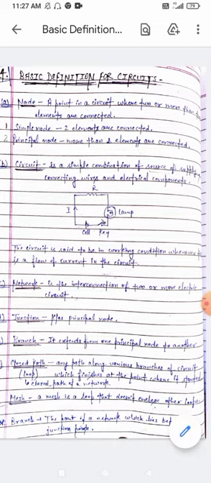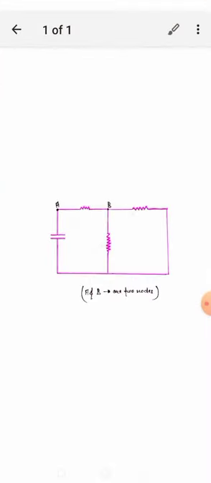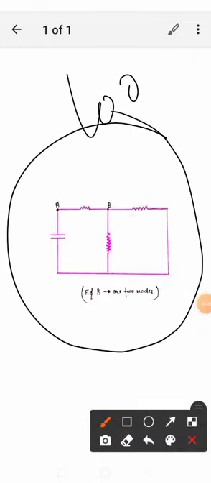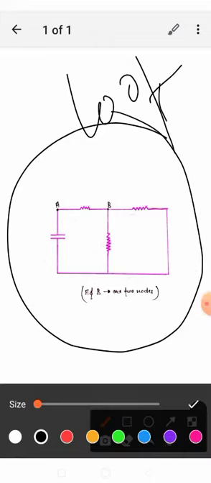Let's see. Here we discussed that it is a loop. Now I take only this path. I move from A, then B, then a resistor, then capacitor, then come back to this point. In this case I didn't consider this path.